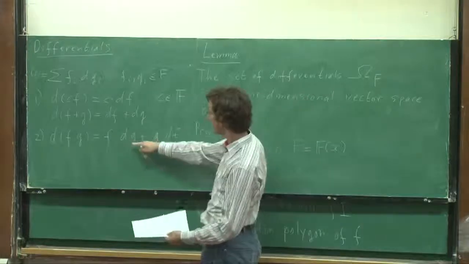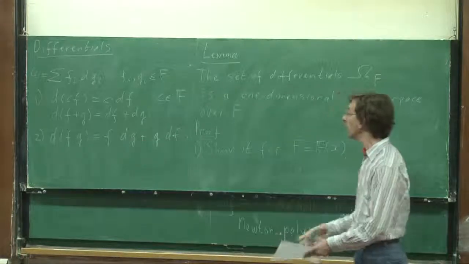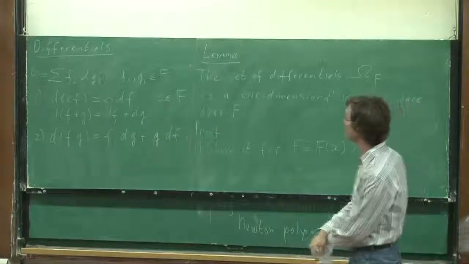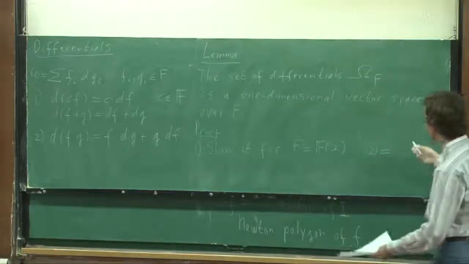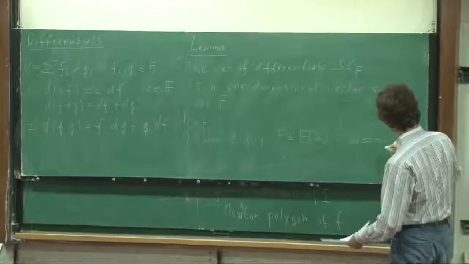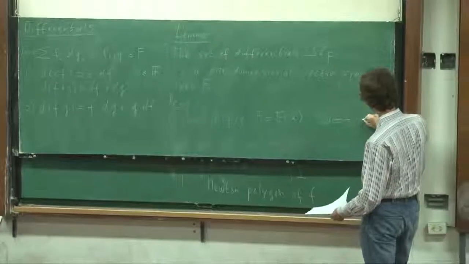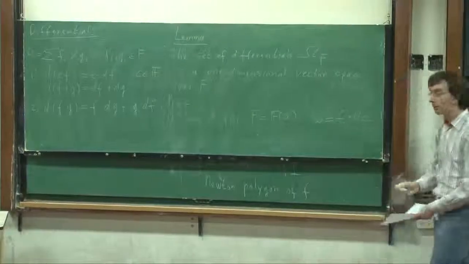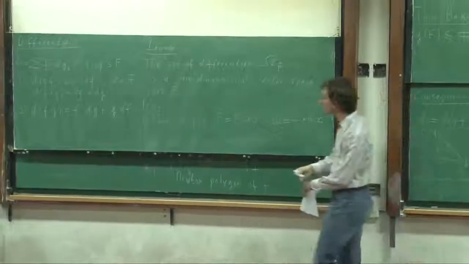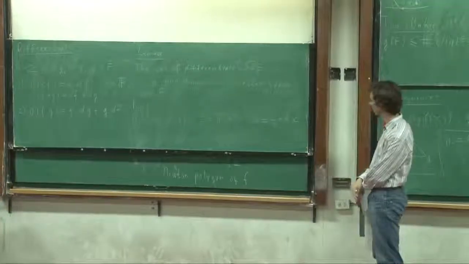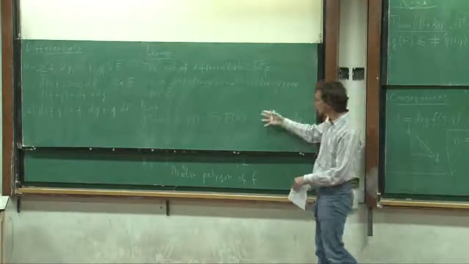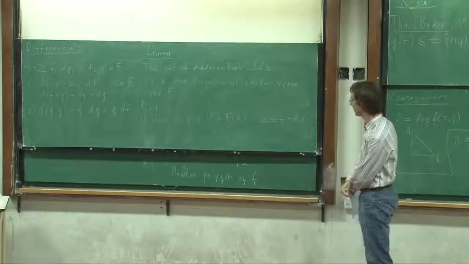Then again, using this product rule iteratively, you can always boil things down so that any differential is some rational function times dx. You just go through the motions of these rules, using product rules, sum rules, those kind of things. So it is true in this case.